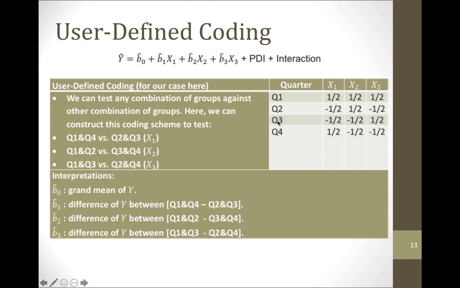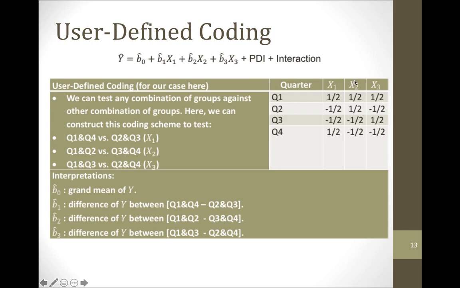For example, you can specify the mean of Q1, Q2, and Q4 together against Q3 only. And that belongs to effect coding as well. But in this case, we want to see Q1 and Q4 together against Q2 and Q3. So this is how you specify it.